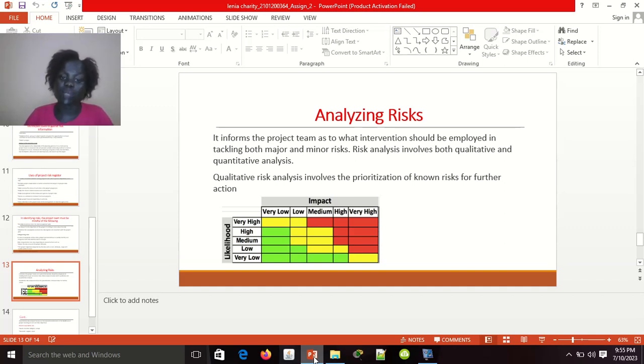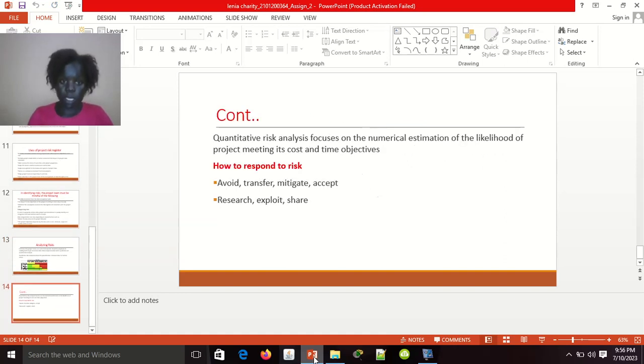Here the team understands and has informed documentation about the risks. We can do this in two ways. Qualitative risk analysis involves prioritizing: you group all the risks in order, starting from the highest to the lowest. This graph below explains that, and the red color indicates the highest risk.